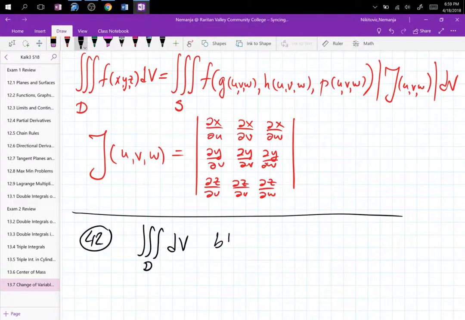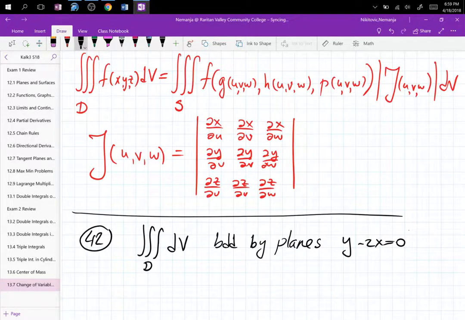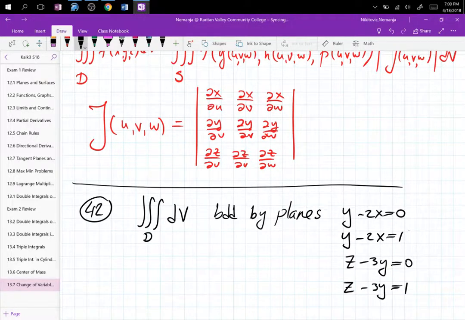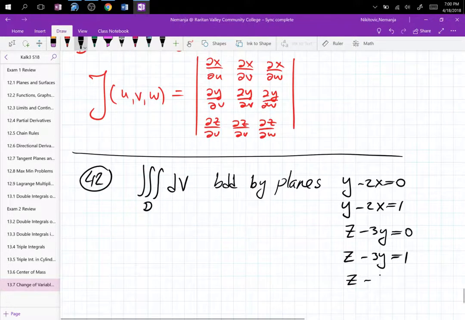Bounded by planes y minus 2x equals 0, y minus 2x equals 1, z minus 3y equals 0, z minus 3y equals 1, z minus 4x equals 0, z minus 4x equals 3.